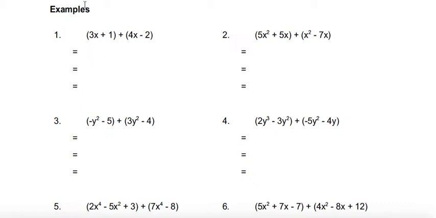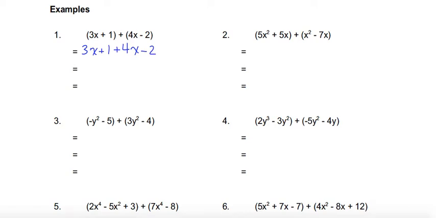So the first step would be to write this expression without using the brackets. So just 3x plus 1 plus 4x take away 2. The next part would be to look at collecting our like terms, so moving our like terms beside each other.